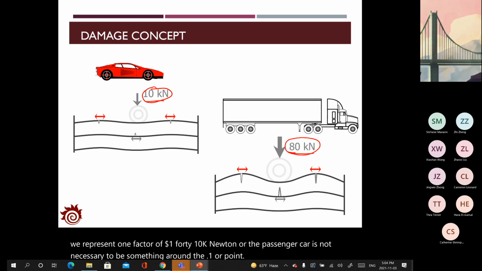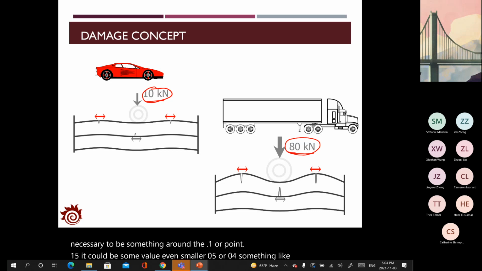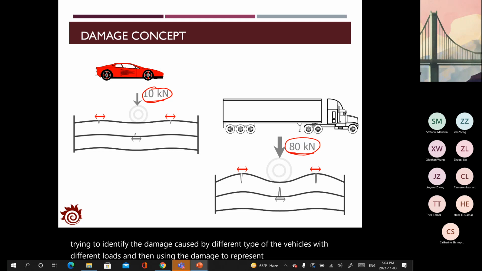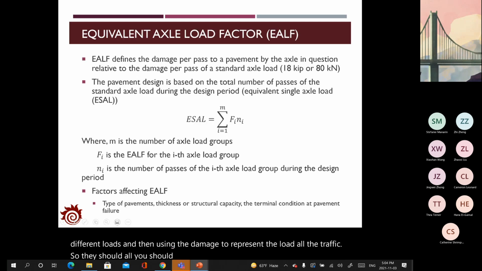It could be some value even smaller, like 0.05 or 0.04. So we will try to identify the damage caused by different types of vehicles with different loads, and then use the damage to represent the load of the traffic. So it should represent the equivalent damage for the pavement structure.